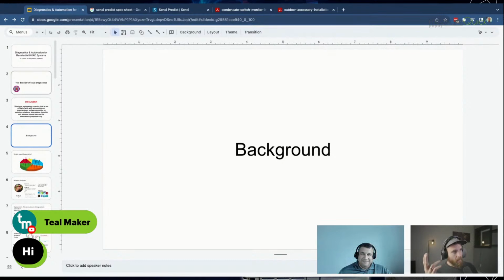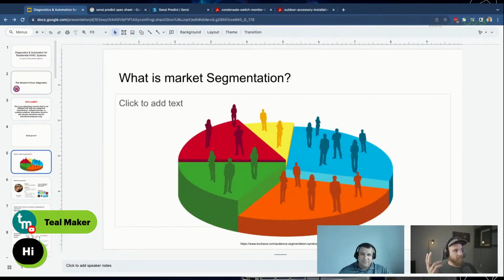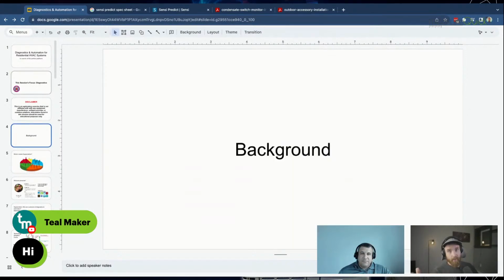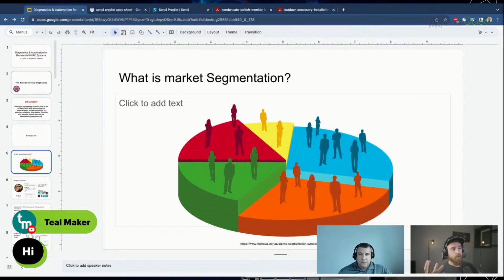But first, let's go into some background. My background is a little bit in market analysis and product management. There's a term called market segmentation, where within a market, you do not have a contiguous group of users. You do not have people that all have the same needs.